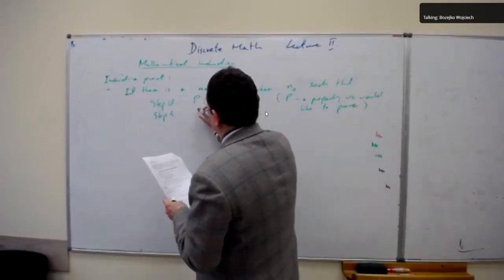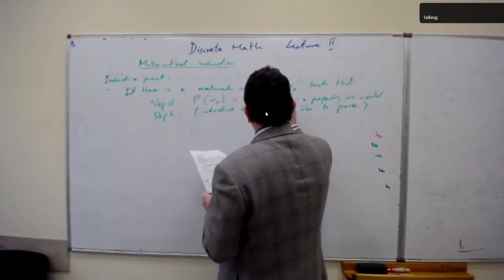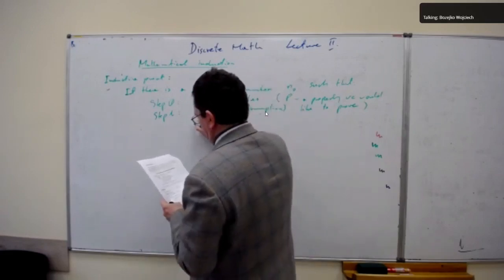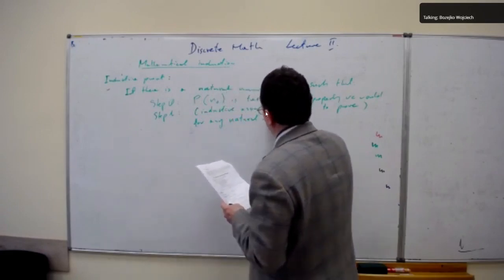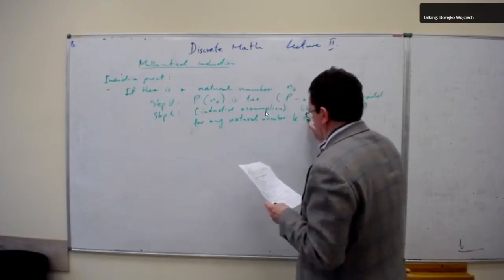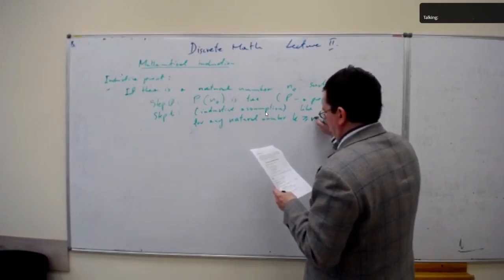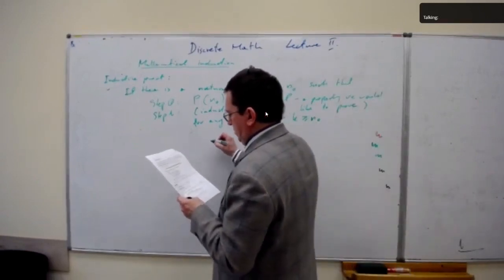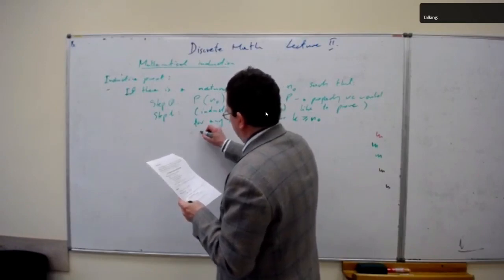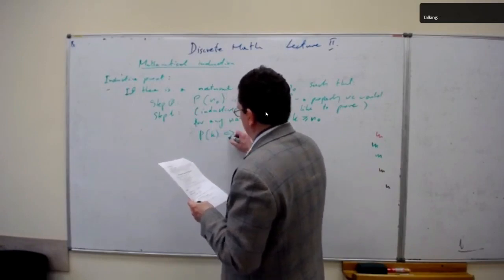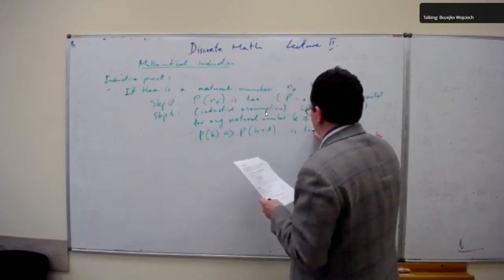Step 1, inductive assumption: for any natural number k greater or equal to n0, P(k) implies P(k+1) is true.